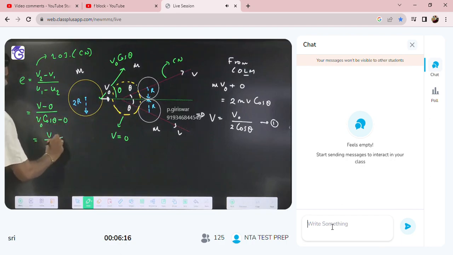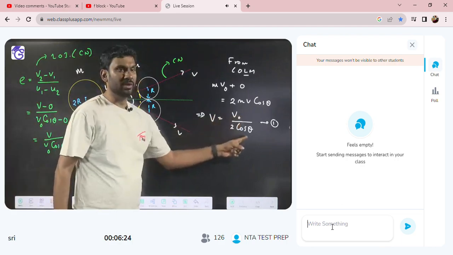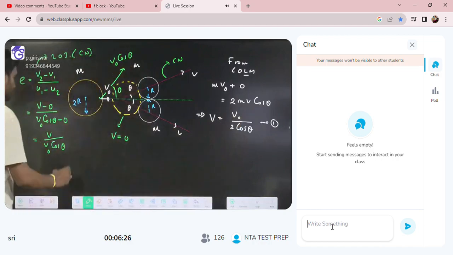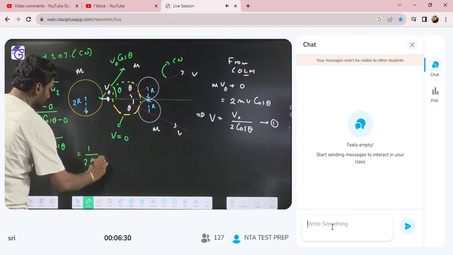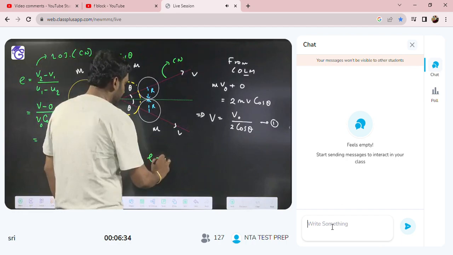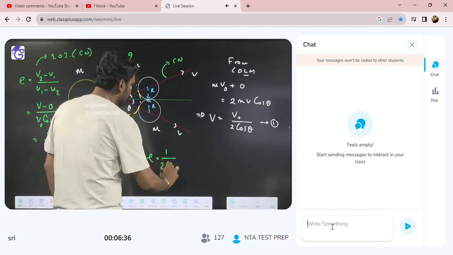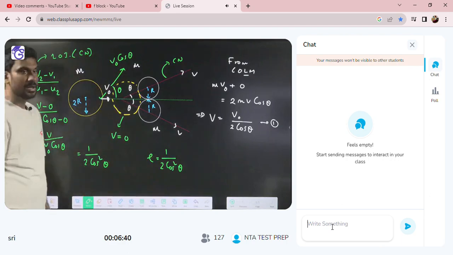So we get V by V0 cos theta. Already V by V0 we got as 1 by 2 cos theta. If you substitute, then we'll get 1 by 2 cos square theta. So e is equal to 1 by 2 cos square theta.